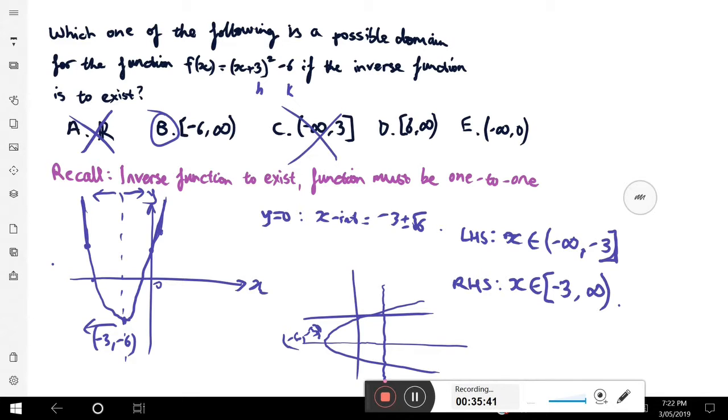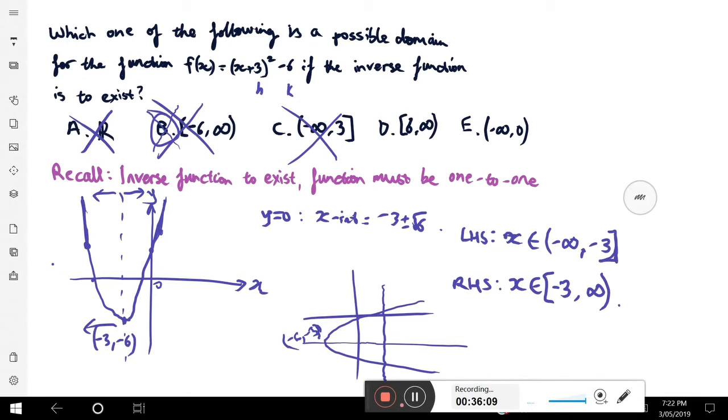From 6 to infinity, oops. Sorry, B is not right. We're not looking at negative infinity to negative 6. We're looking at negative 6 to infinity. Okay, negative 6 to infinity, you're starting from the left-hand side, you're also going to the right-hand side. Just like C, that's not right.